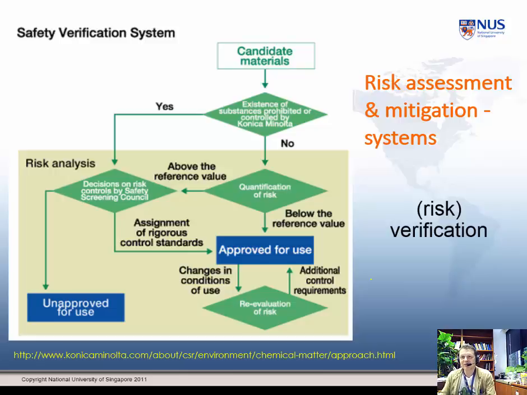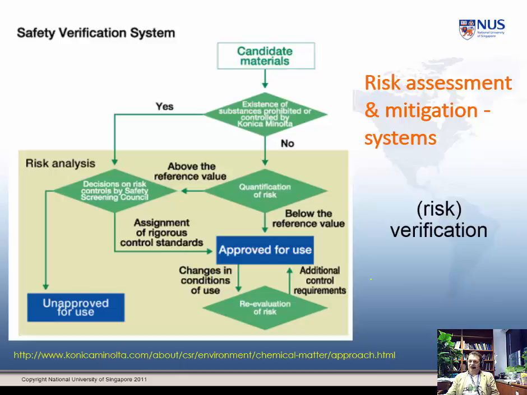So, okay, we want to change part of the process. It's called a risk verification process. Now, you have gone and got your new candidate materials. Maybe you're trying to put an ionic liquid in instead of a solvent, or maybe you've just got the same material from a different supplier which has different standards and different impurities.